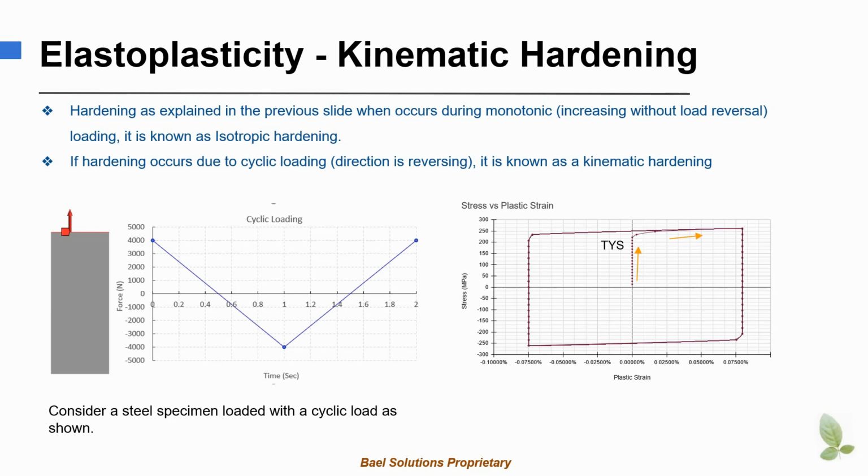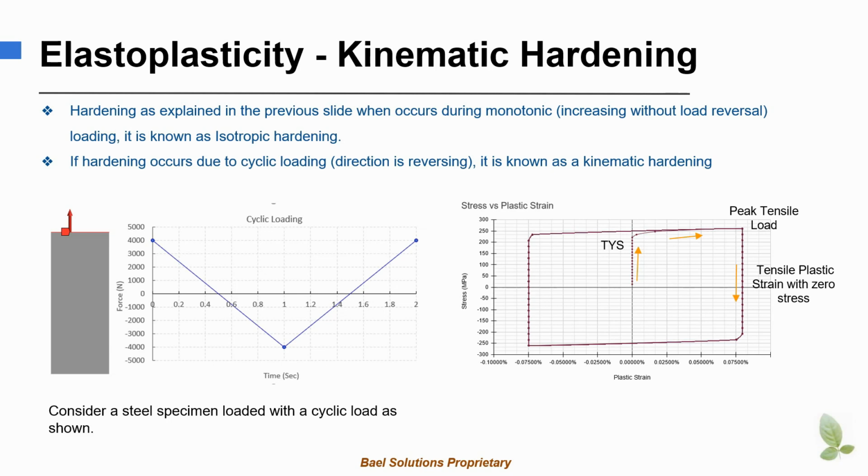After reaching the peak load, the load is reversed. With load reversal, initially, the elastic strain will be relieved, and the specimen will come to a zero stress state, with plastic deformation retained in it.